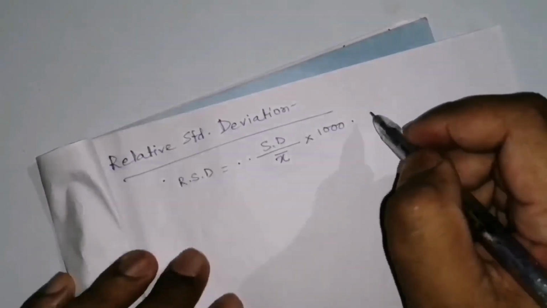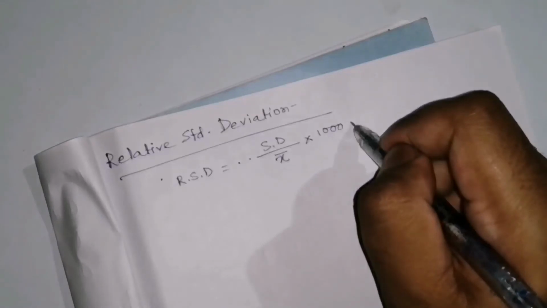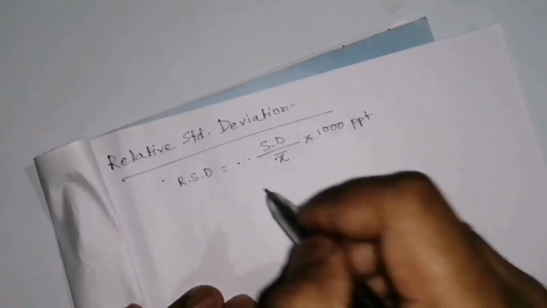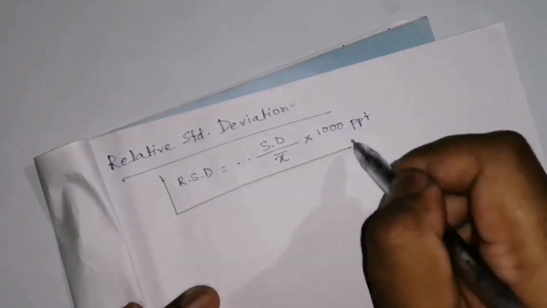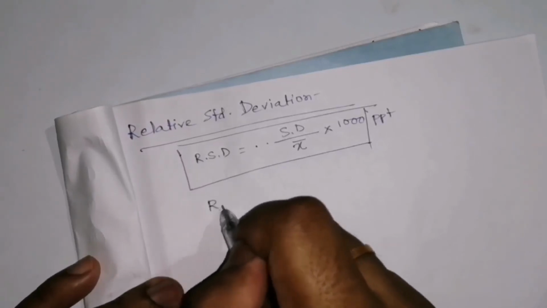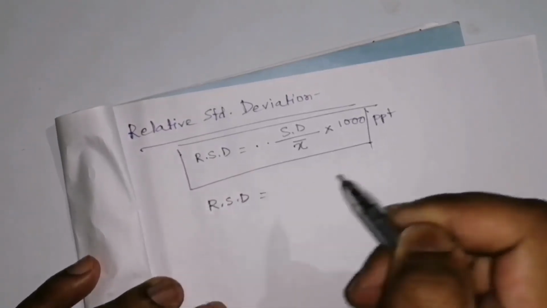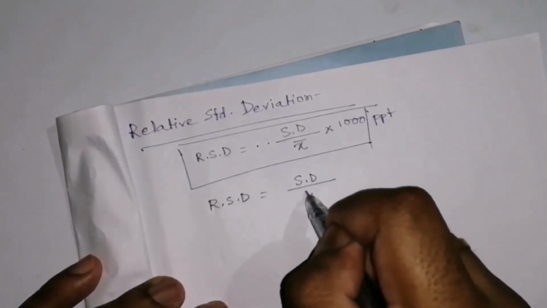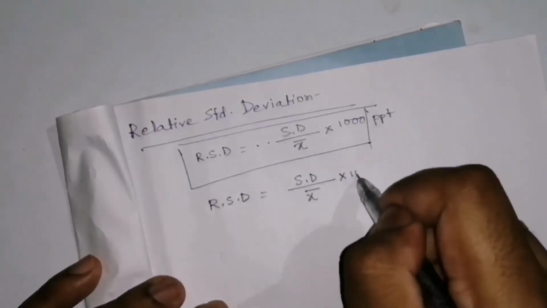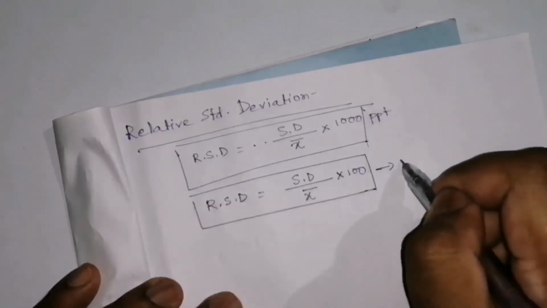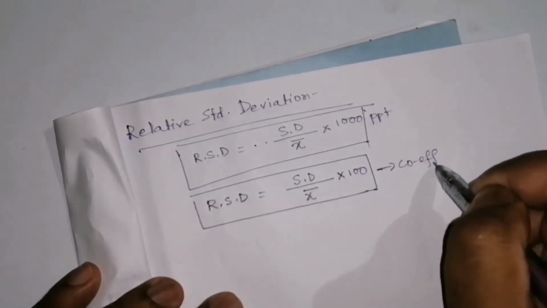Generally, the relative standard deviation is expressed in parts per thousand, and when it is expressed in parts per thousand, we use this formula. And there is one more formula for relative standard deviation, that is standard deviation divided by mean of the measurement into 100, and it is known as the coefficient of variation.